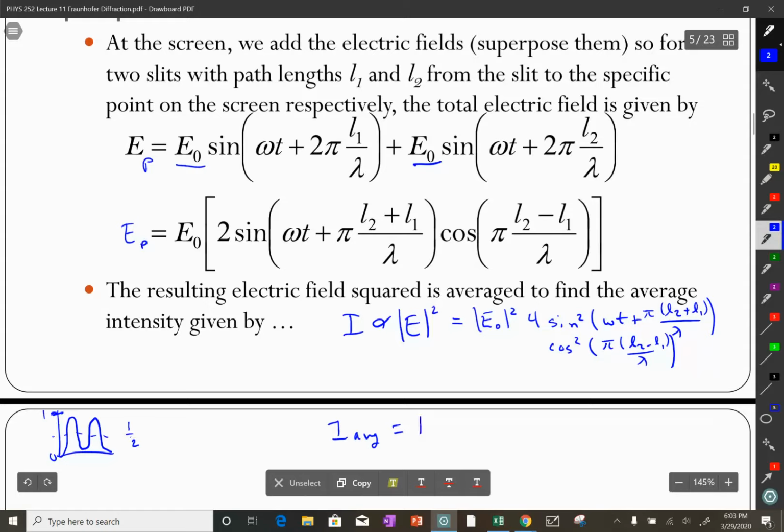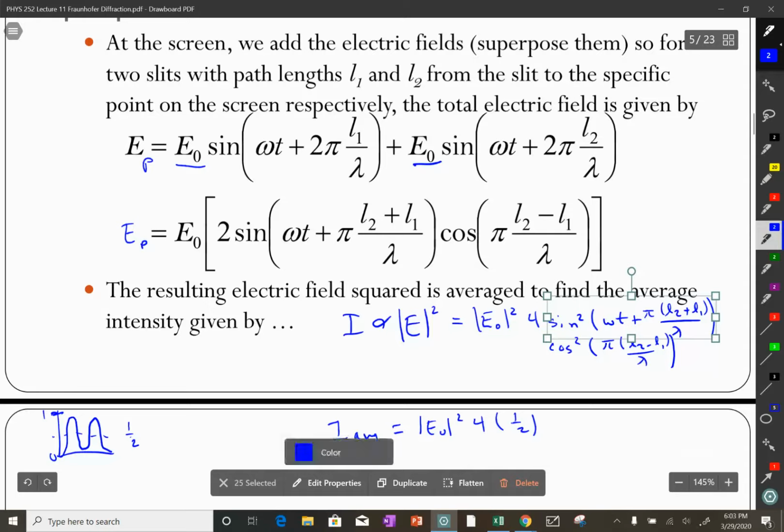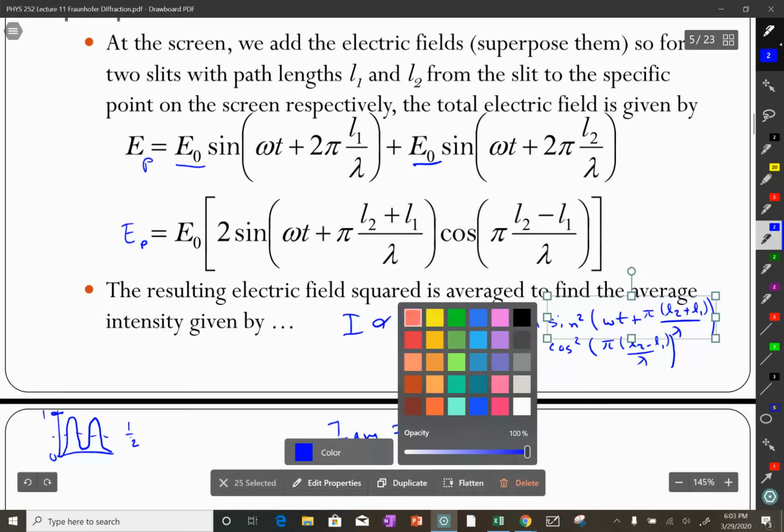So that's going to be times 4 times 1/2 for the average of the sine. I'm going to actually do some color coding here. Let's see what happens if I change that color to red.